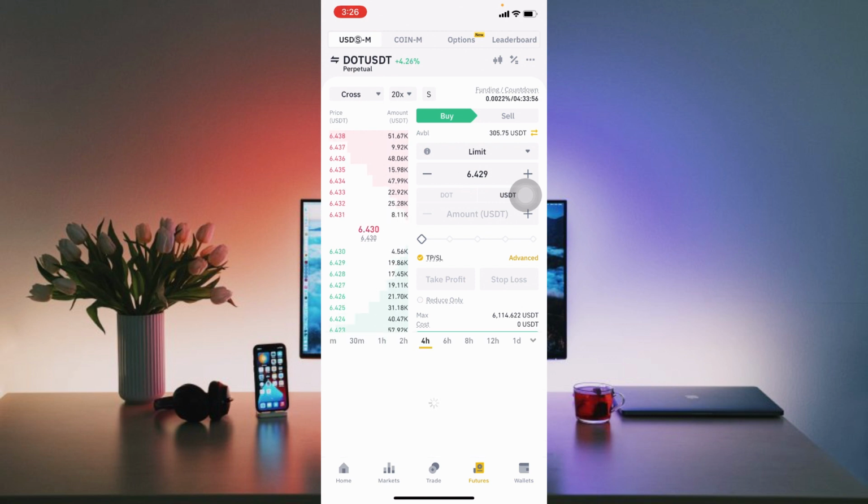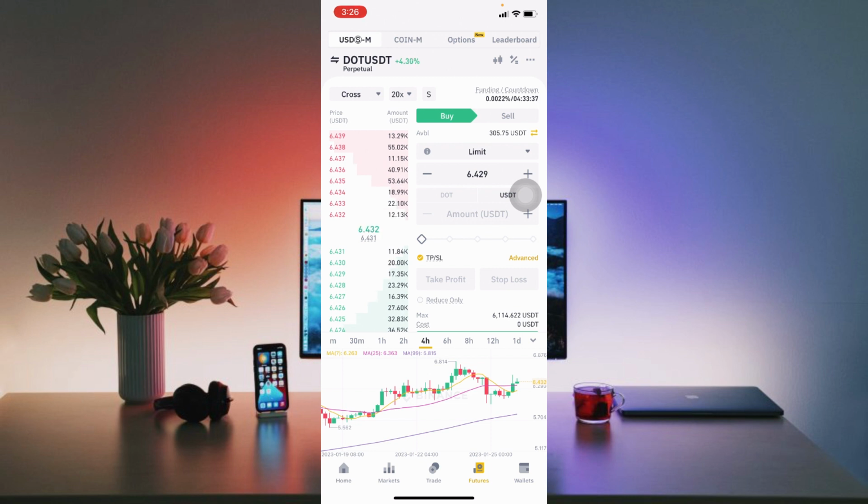So let's say I open the chart again. By now, you know how to use the Binance chart on your smartphone. So right now, I have changed it to 4 hours. I told you each candlestick is equivalent to 4 hours, and we have the moving average 7, 25, and 99.